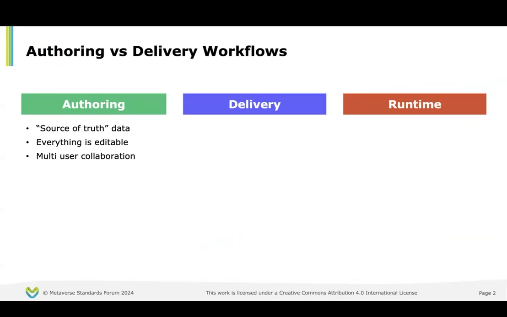Typically, we have multiple users from multiple different teams collaborating on the same project. It could be in real time, but typically it's asynchronous. You might have a project that runs for a year or even multiple years, with several people and teams collaborating on the same project. So USD and MaterialX come from those types of workflows and try to facilitate them well.